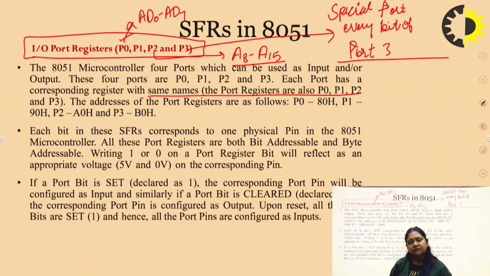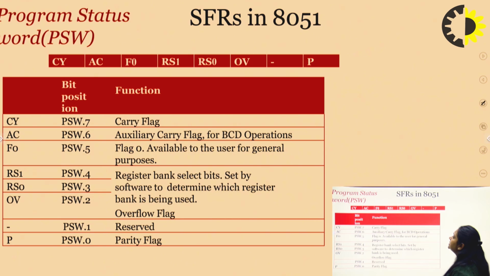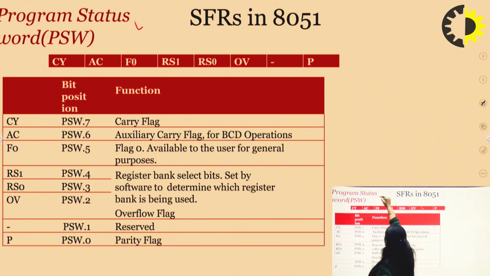It just has one function, which is IO. So P1 is the only register which works as only an input output port register.